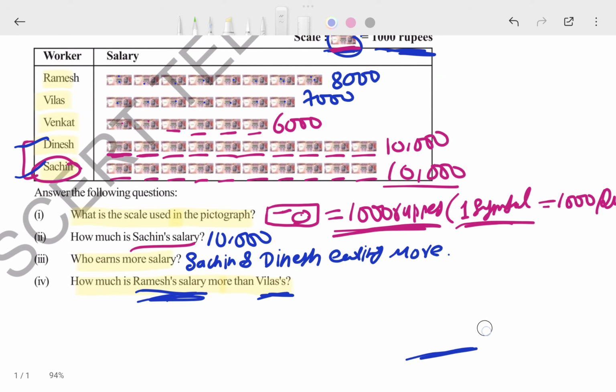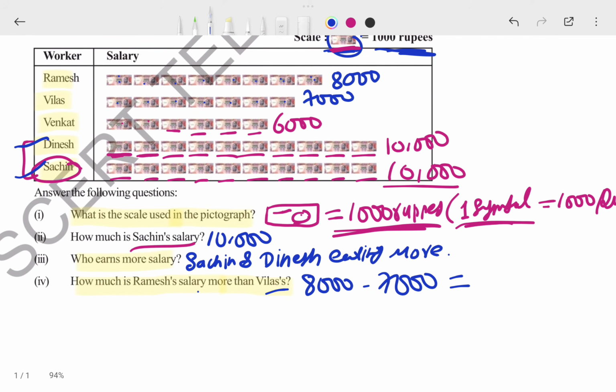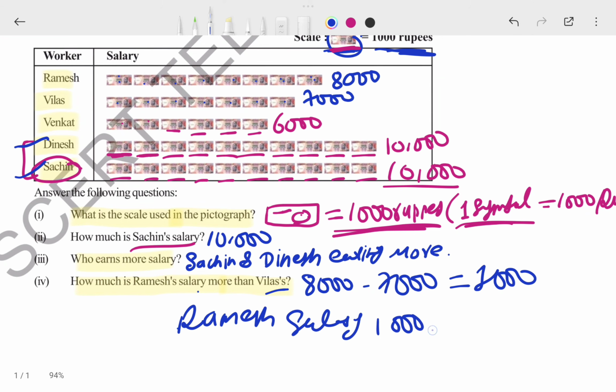So you can write: Ramesh's salary is 8,000 minus Bilas's salary of 7,000, which gives 1,000. So Ramesh's salary is 1,000 more than Bilas's. It is a very simple question.